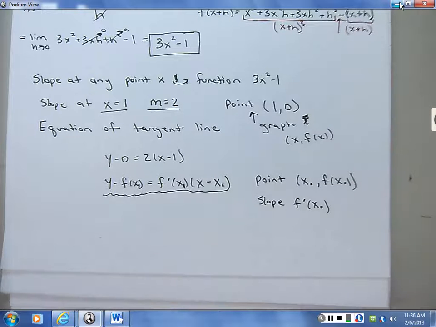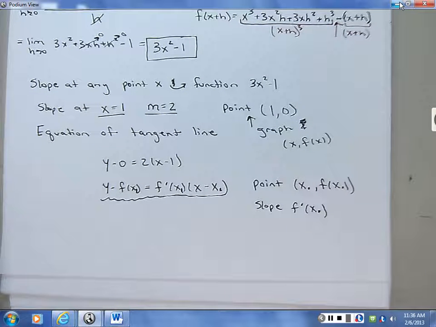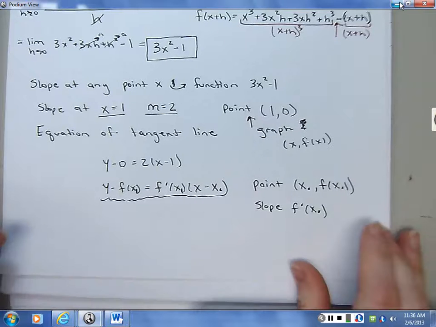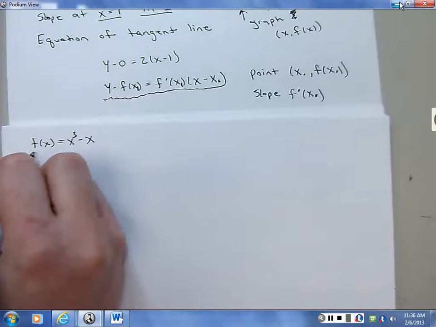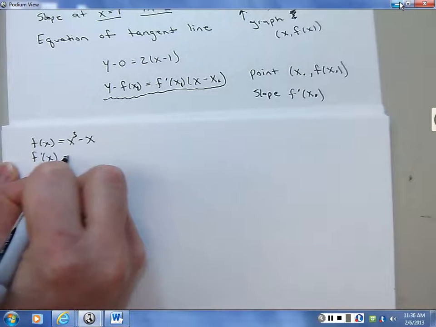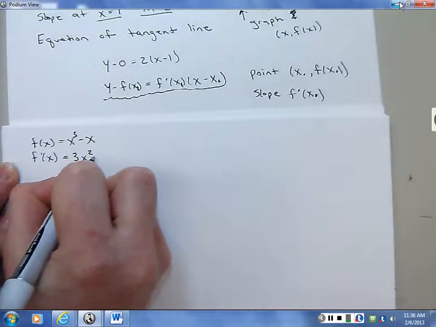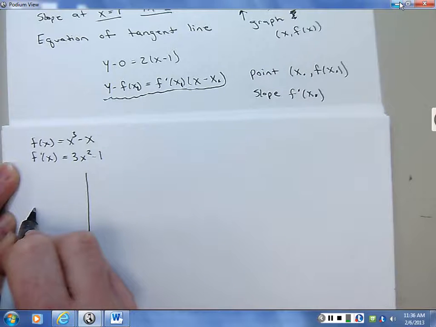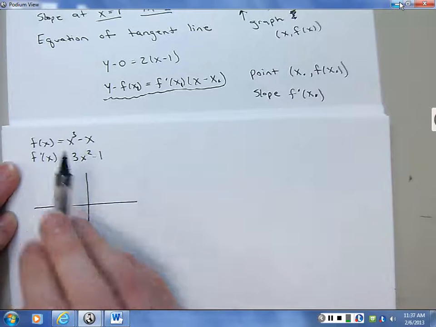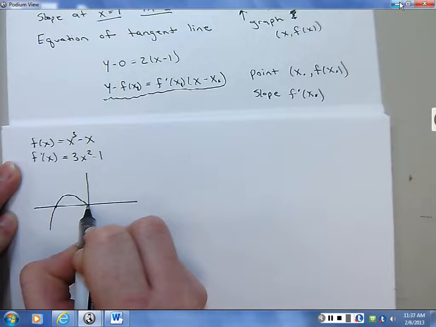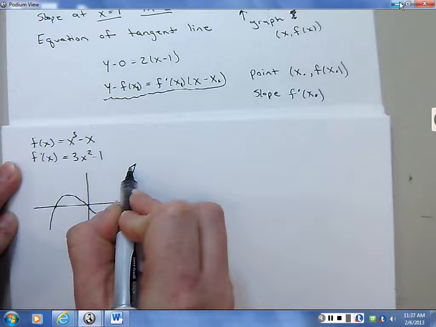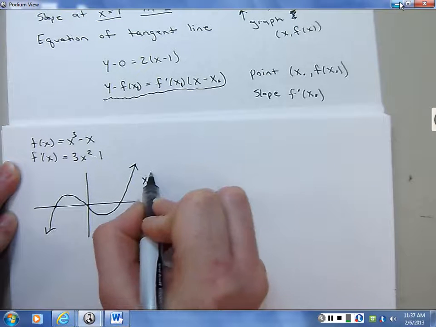I want to graph this function because I think seeing what's going on might be beneficial. We did the work on the previous page to show this. If I graph this function, it looks like this: this is x cubed minus x.